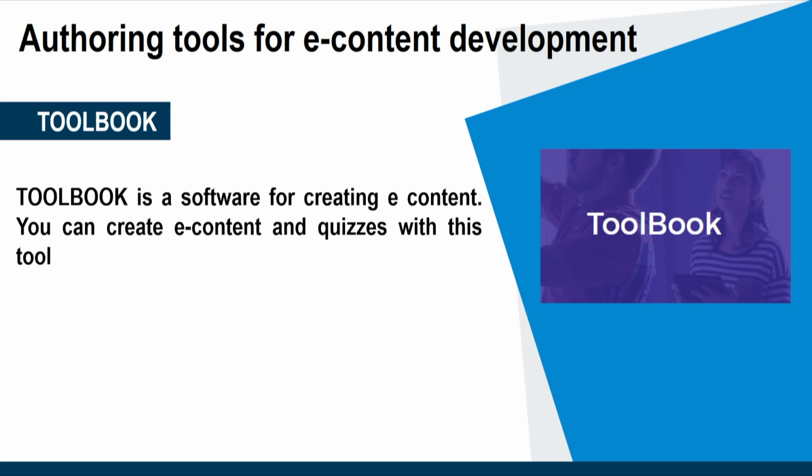For example, you can create images, objects, and text. Toolbook is a tool for creating books, because in each and every book we have pages. So with the help of Toolbook you can create the pages, and after that you will combine those pages, and that will become an e-book or e-content, and that e-content can be published also through Toolbook.